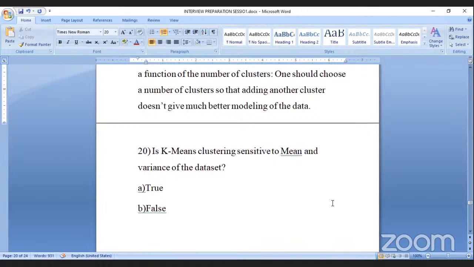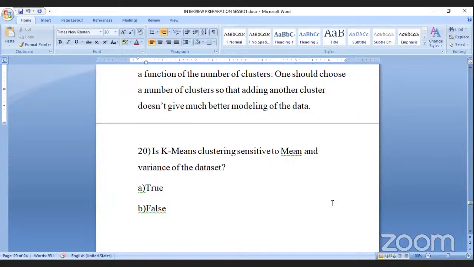Question number 20: Is K means clustering sensitive to the mean and variance of the data? True or false? K means clustering, friends, not hierarchical. Is it true or false?